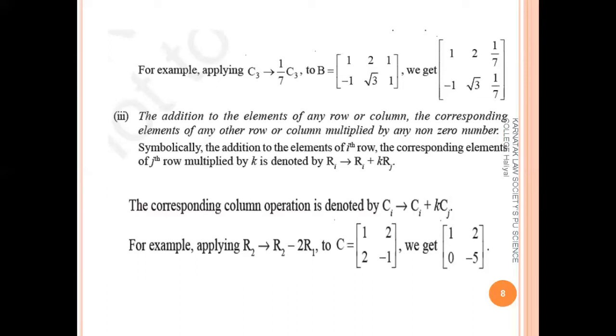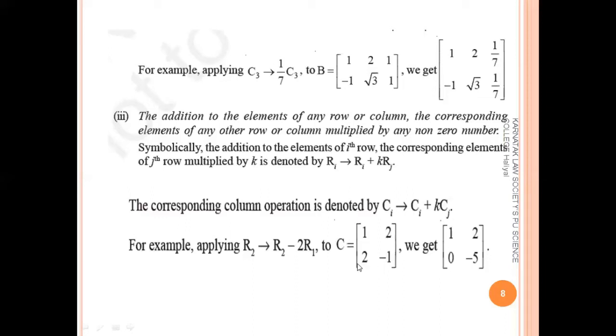See here an example. The matrix is 1, 2 and 2, -1. Here in R2, the second row, the 2 in the first place I need to make 0.